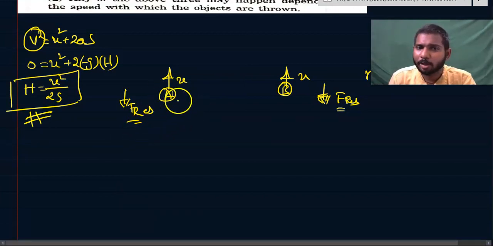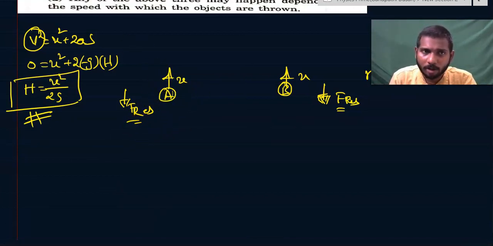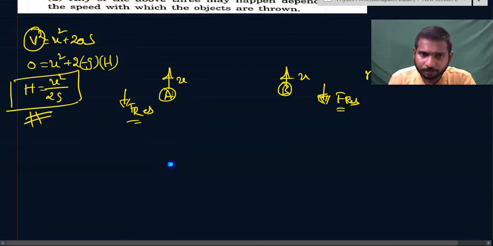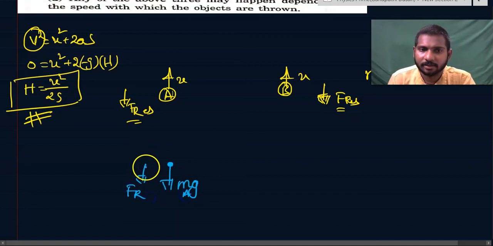So now let me draw the free body diagram. When the ball is going up, the forces acting are mAg and the resistance force Fr. Both are going downwards on this ball.